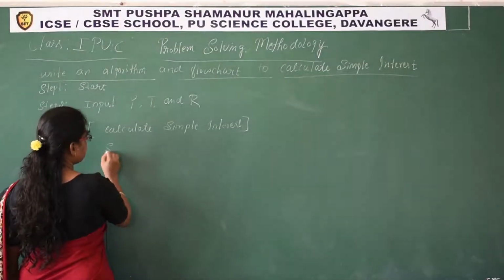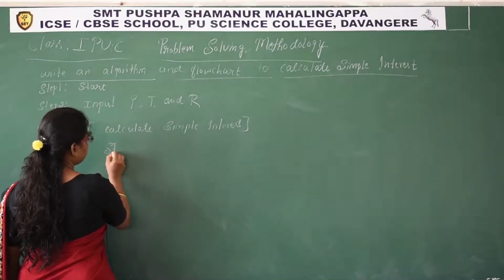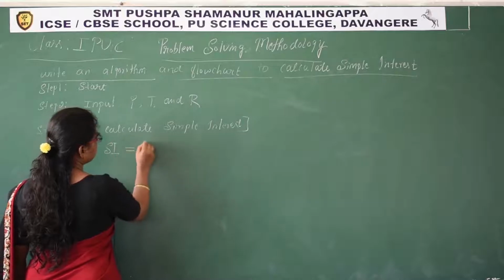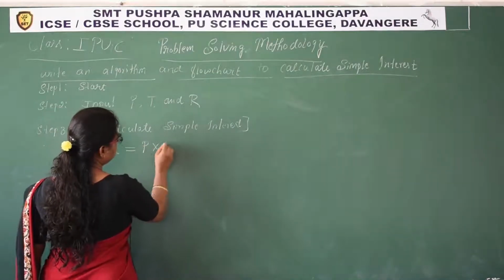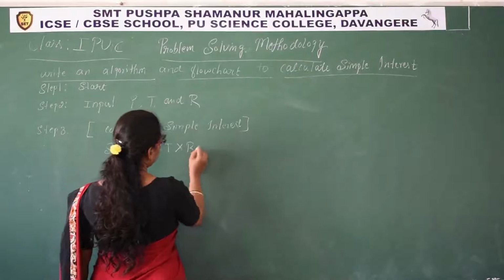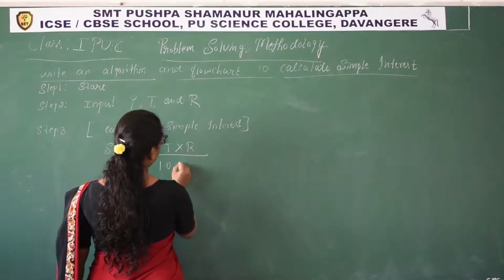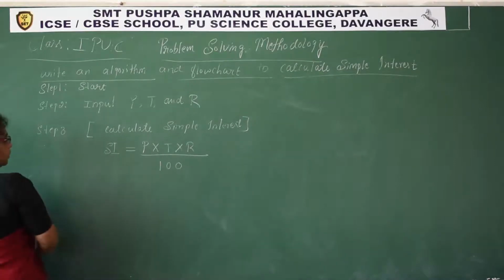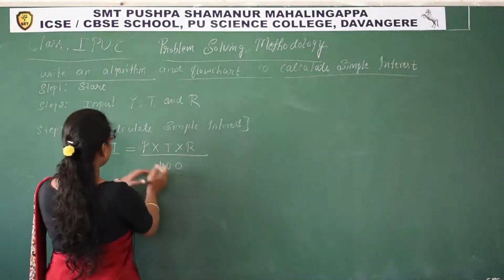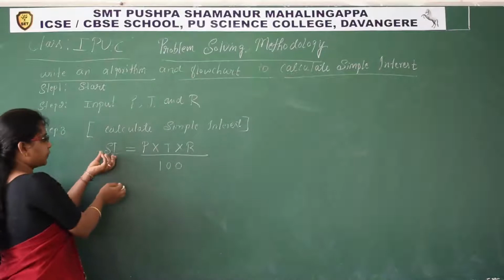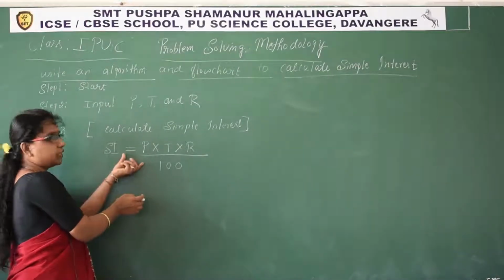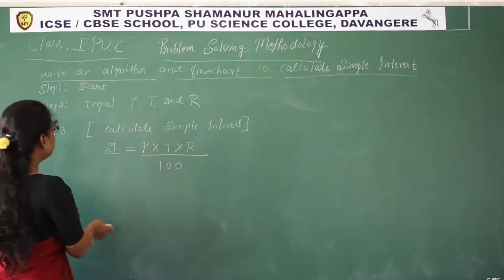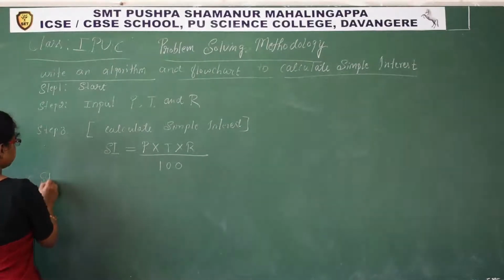I'll write SI is equal to P into T into R divided by 100. Next, after calculation, the result is represented by SI. SI shows the simple interest. So we have to display SI.